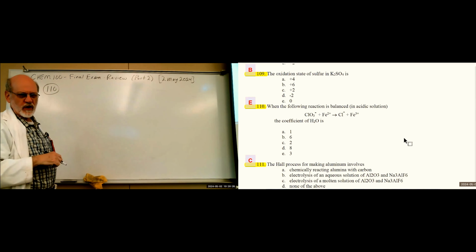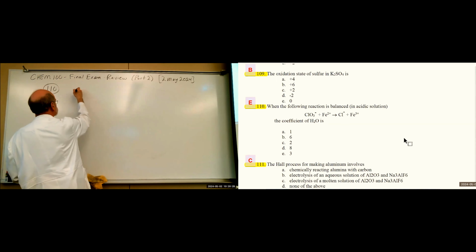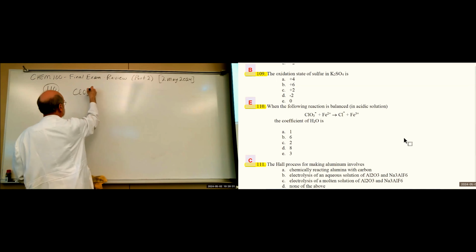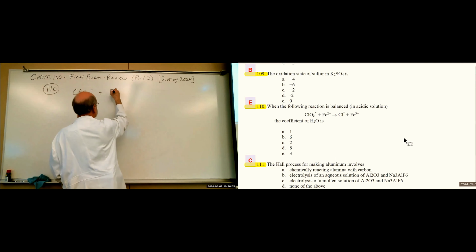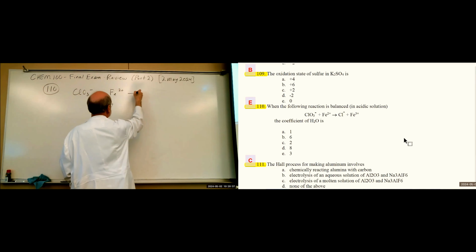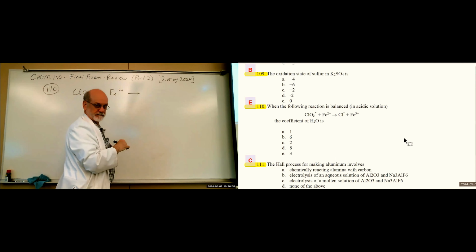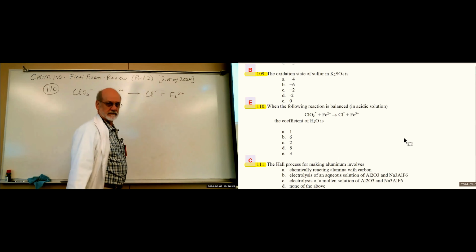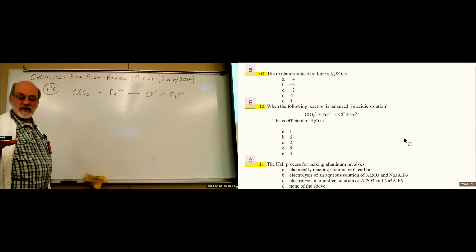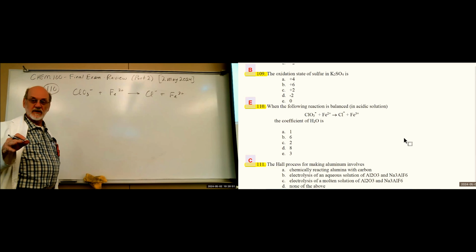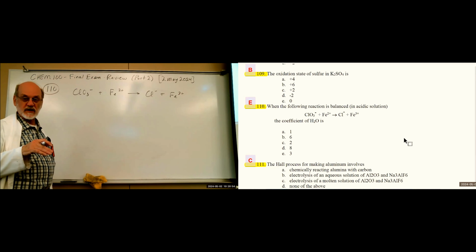We're starting with ClO3 minus and Fe2 plus, and we have chloride ion plus Fe3 plus, correct? Yep. To balance this equation in acidic solution, we need to use the oxidation-reduction half reaction method.